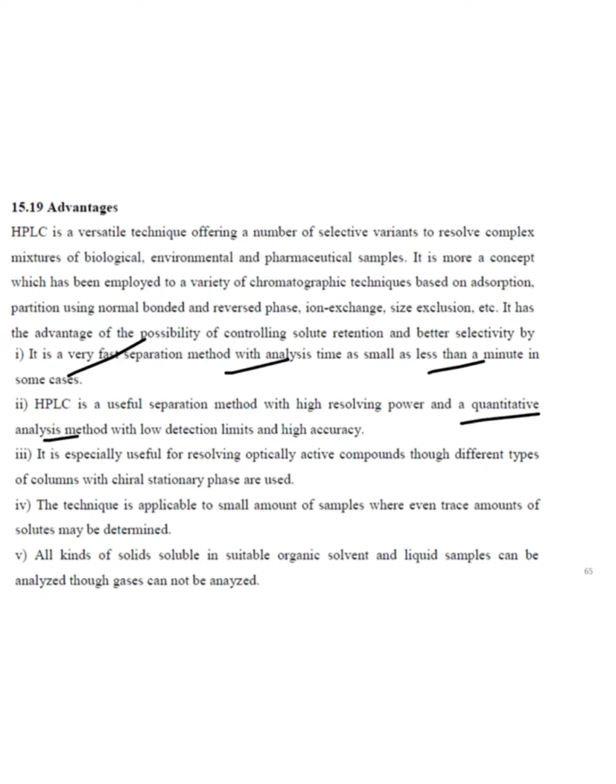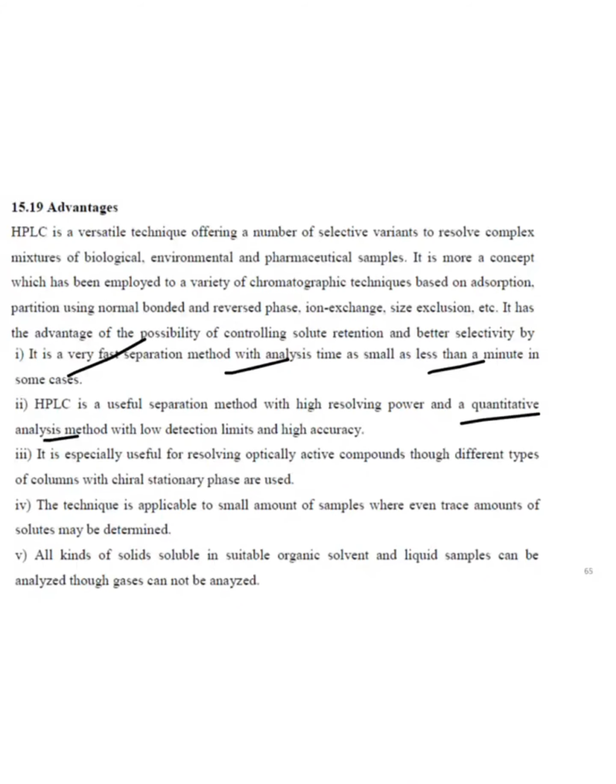It is especially used for resolving the optical activity of compounds through different types of columns, where chiral stationary phases are used. The technique is applicable for small amounts of samples, where traces of solutes may be determined, and HPLC is widely applicable in the pharmaceutical and food processing industries.